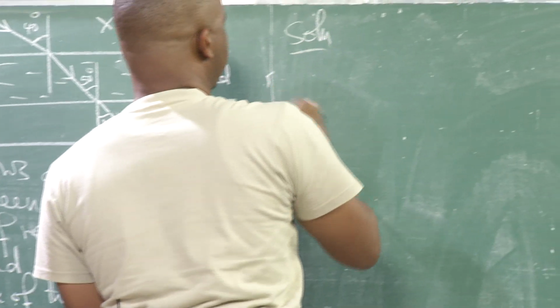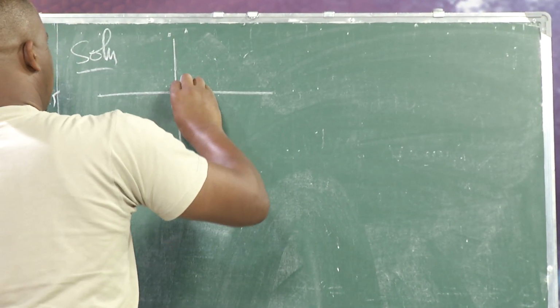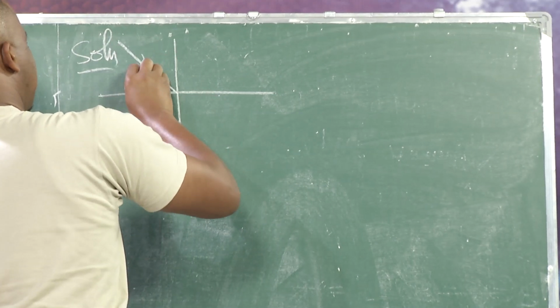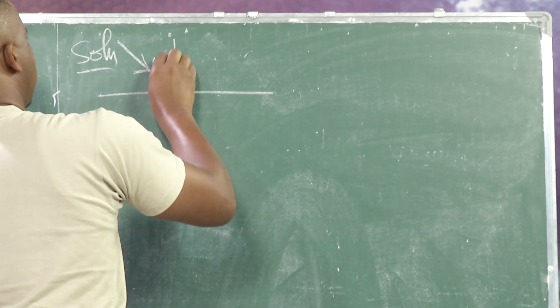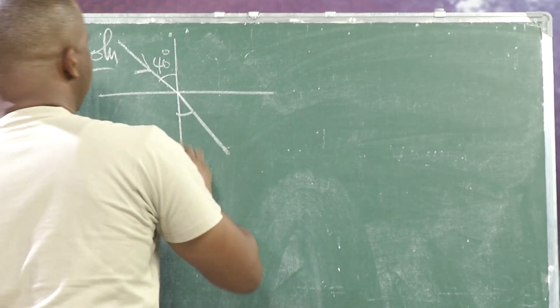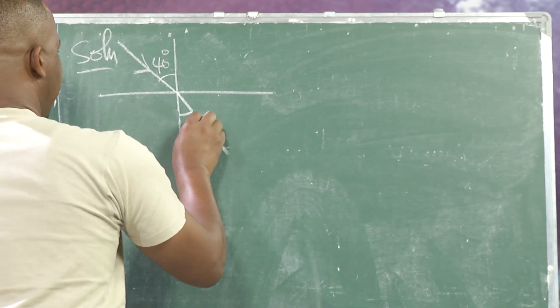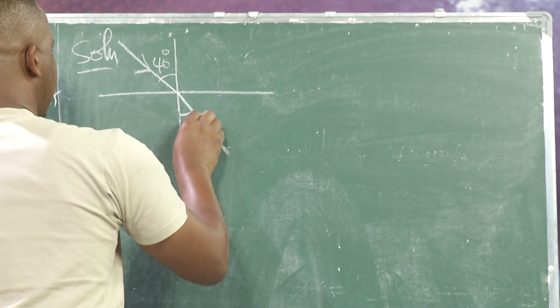In our solution, I can make a brief extract: my i is 40 degrees. My R here is going to be, since these are alternate angles from your angle geometry, 50 degrees.